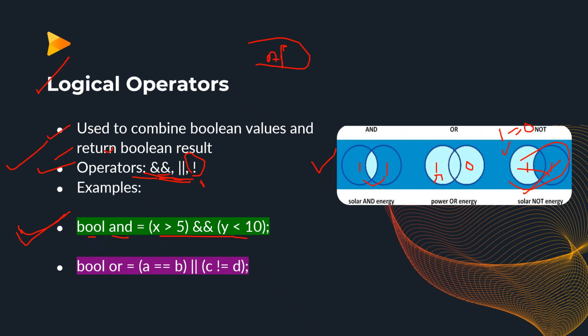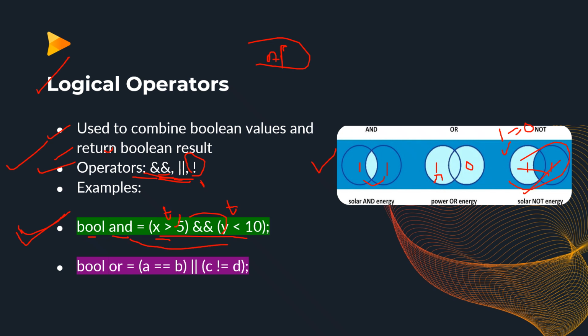Is x greater than 5? Yes, so it will provide true. This is the AND, and y is less than 10. If our y value is also 7, then 7 is less than 10, yes, so this is also correct. Both are true, so the result is true.